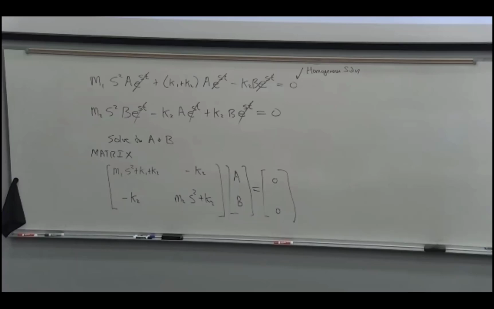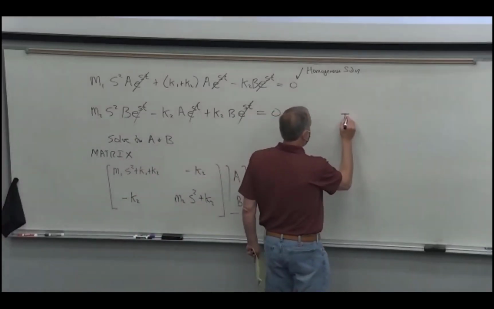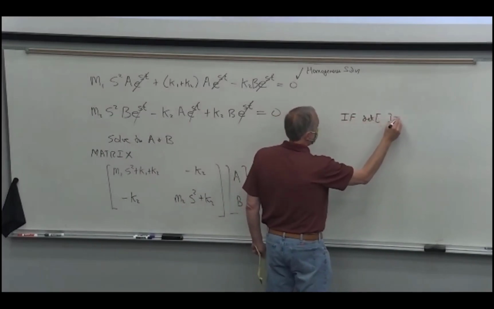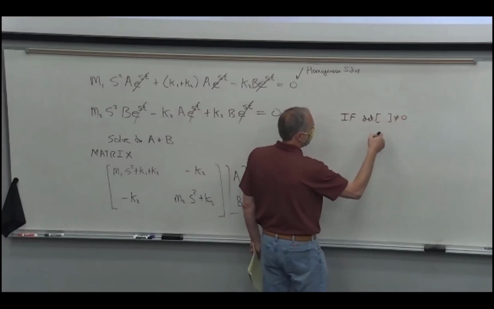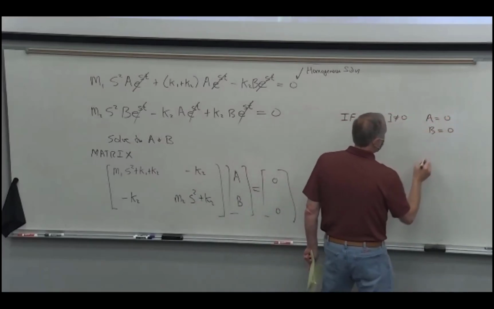Now that's dependent upon whether we can invert that matrix, right? So let's write that. If the determinant of this thing is not 0, that means we can invert it. That means that we get a trivial answer and we just wasted our time.